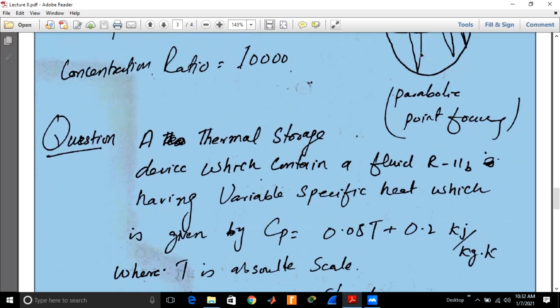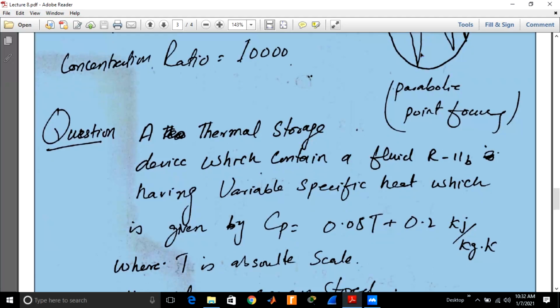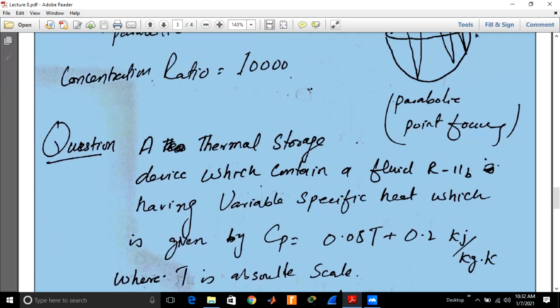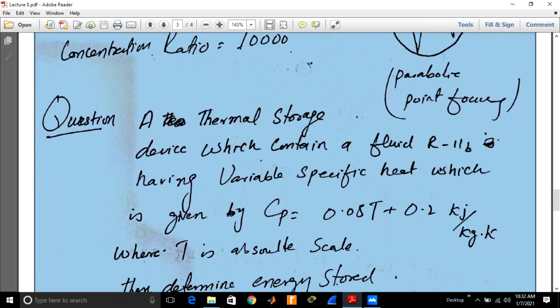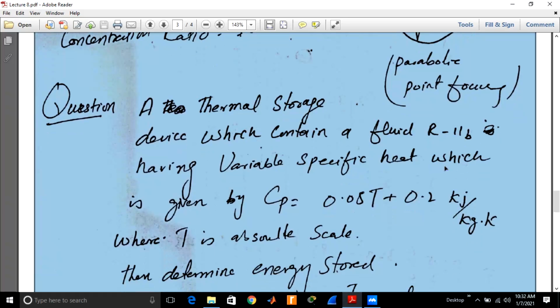So let's suppose this is a very easy example, and this is your numerical question. Suppose a theoretical storage device contains a fluid R11B, a specific type of fluid, having variable specific heat capacity.